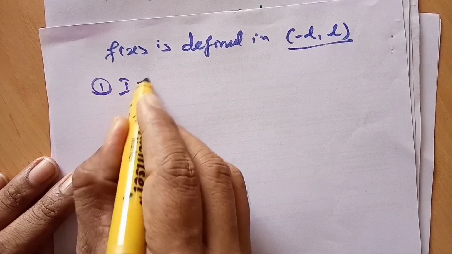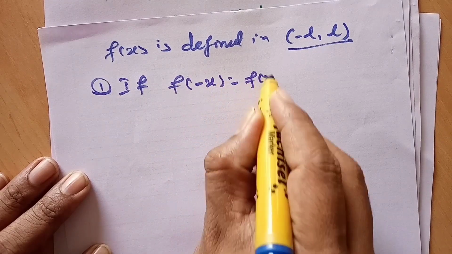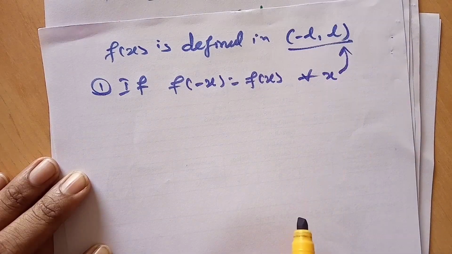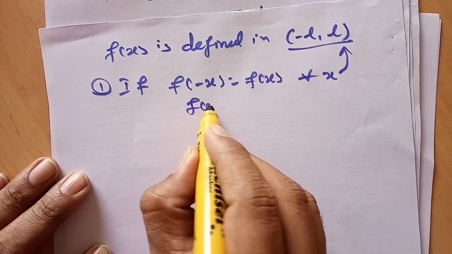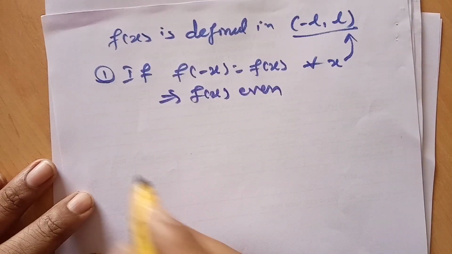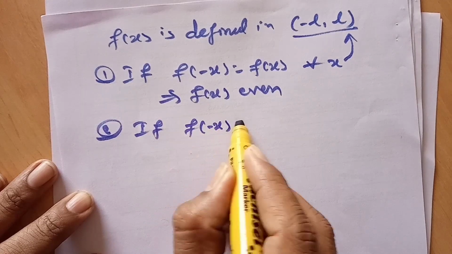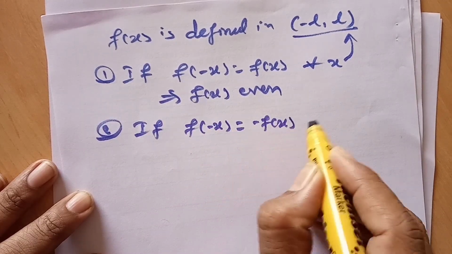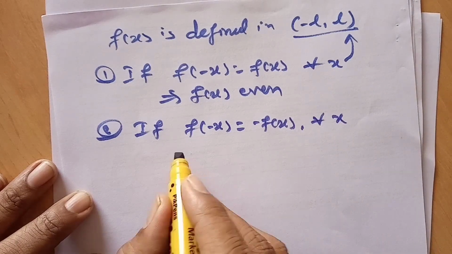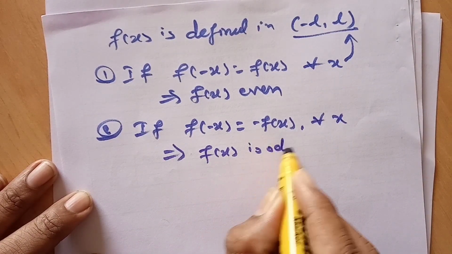If f of minus x is equal to f of x for all x in this interval, then we are saying that this f of x is even. And if f of minus x is equal to minus of f of x for all x in our given interval minus l to plus l, then we are saying that this f of x is odd.